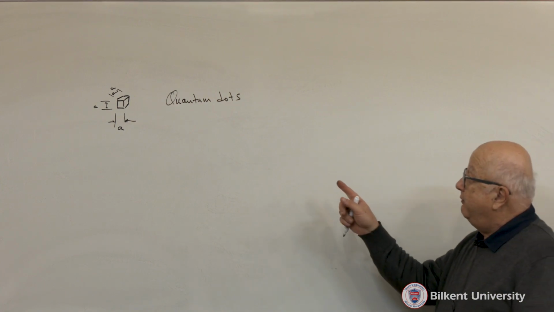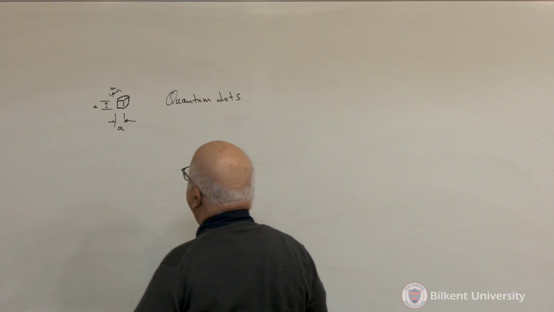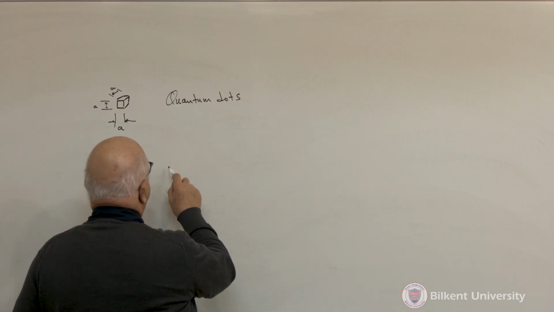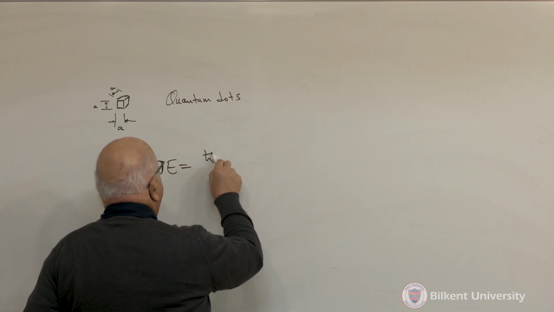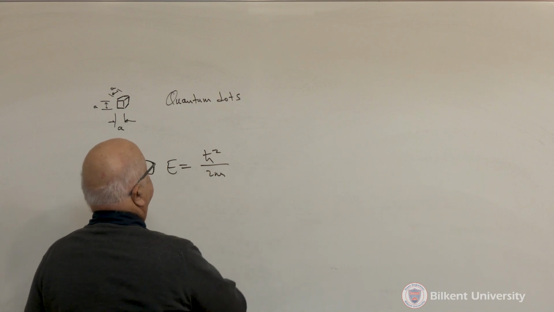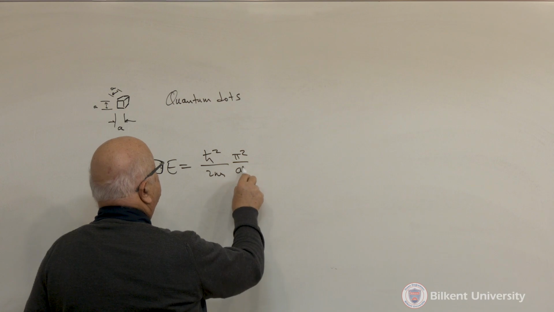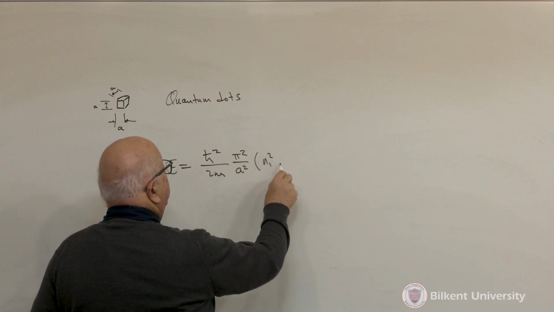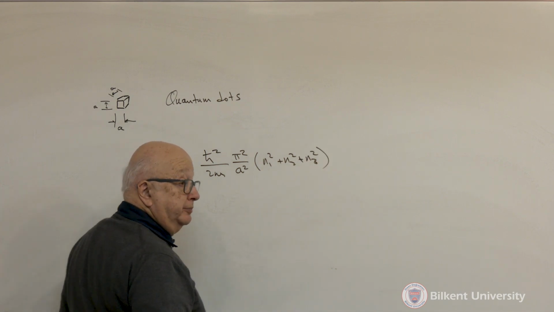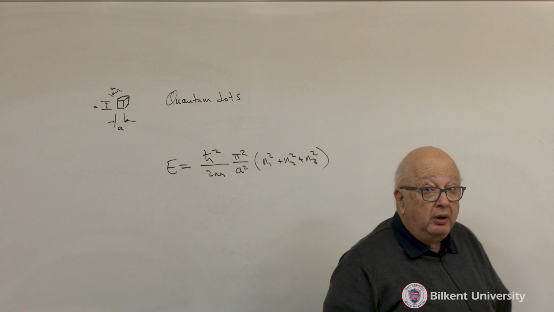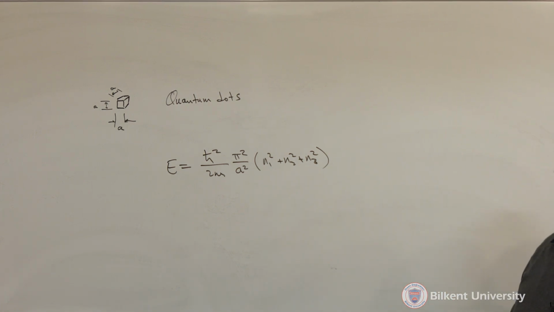Okay, so if I have A and A and A, what do I have? The energy will be h bar squared over 2m, pi squared over a squared, and 1 squared plus 2 squared plus 3 squared. Okay. So now we can start labeling states more carefully.